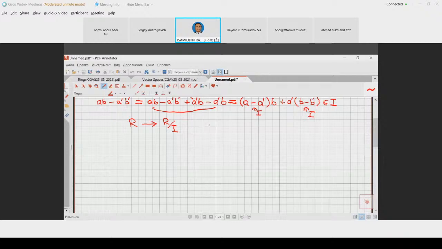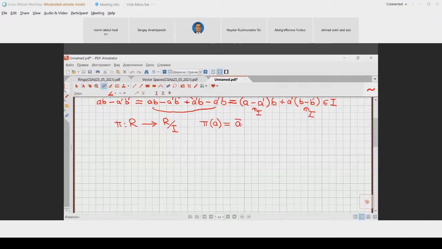Okay. So now, this homomorphism is sometimes denoted pi and is called the projection homomorphism. This homomorphism does this: take a, then assign to this a its class a bar.